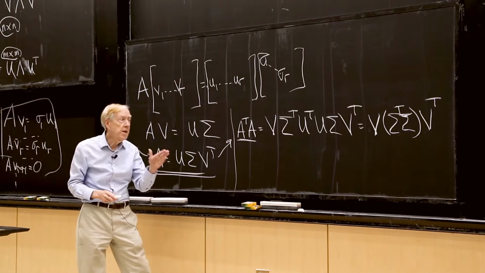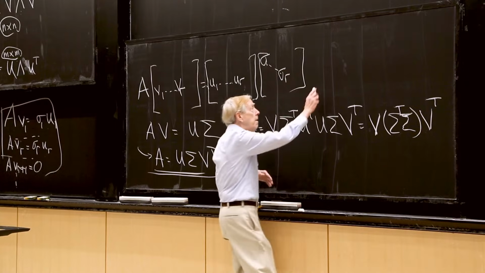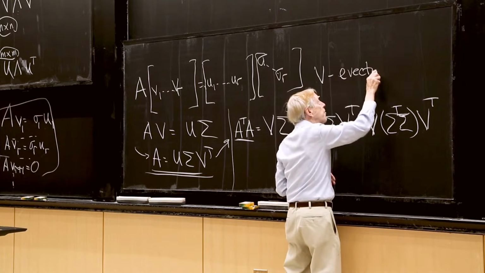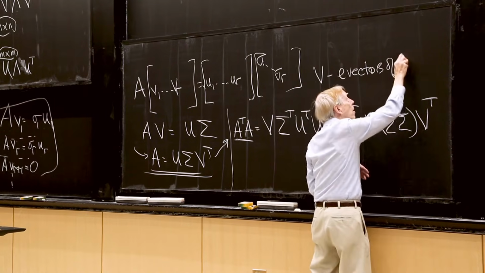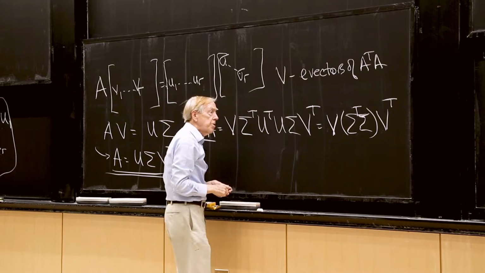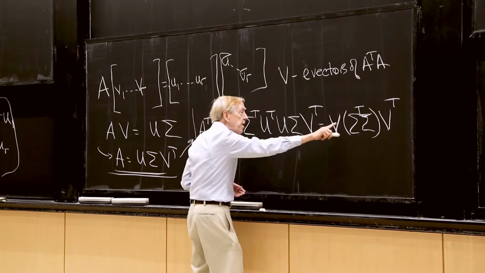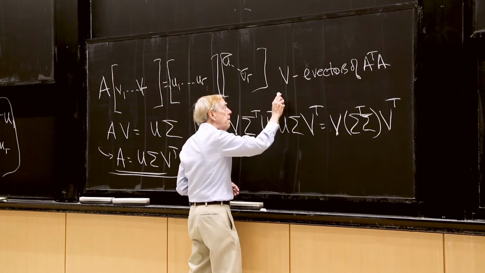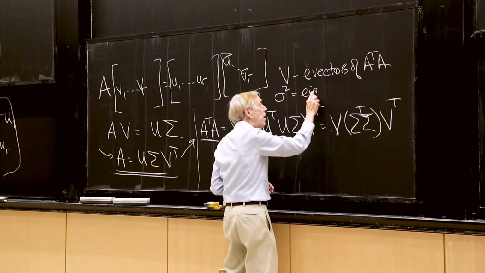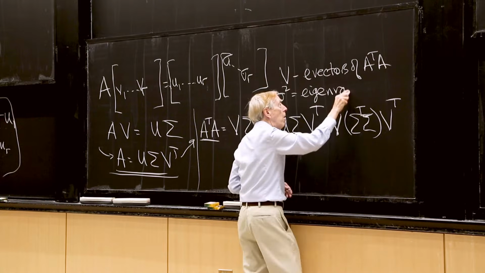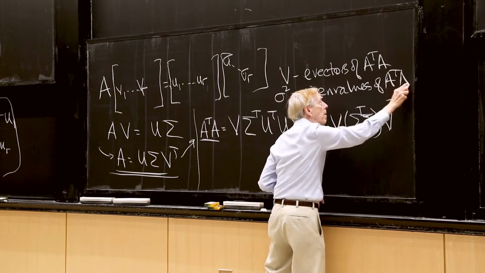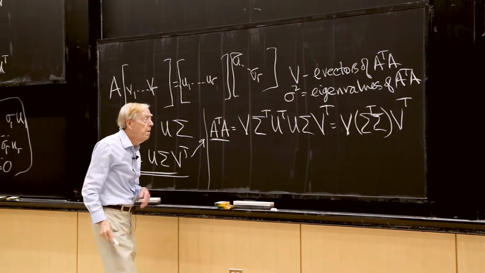So we know the V's are the eigenvectors of A transpose A. And we're also going to get the singular values, so the sigma transpose sigma, which will be the sigma squareds, are the eigenvalues of A transpose A. Good.